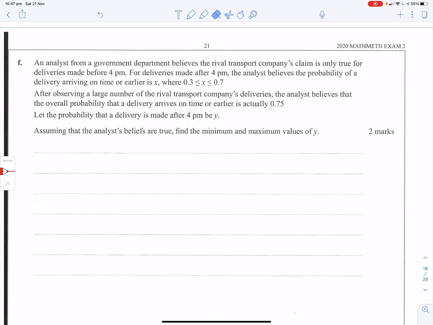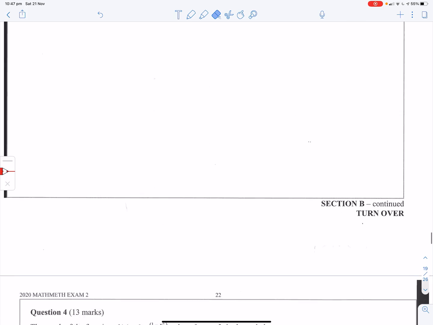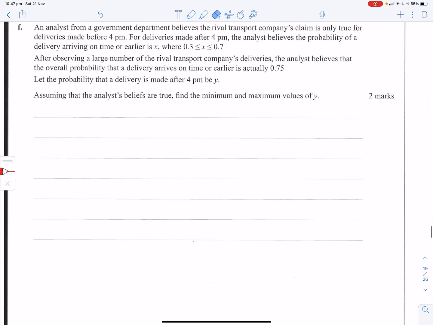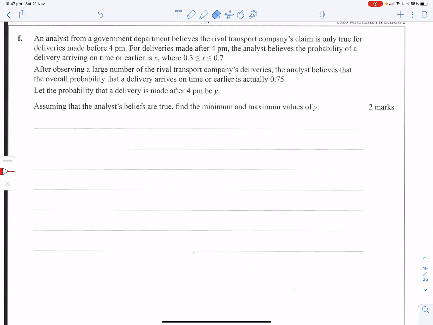Okay. I heard the probability was hard, but maybe this is it. An analyst from a government department believes that the rival transport company's claim is only true for deliveries made before 4 p.m. For deliveries made after 4 p.m., the probability of a delivery arriving on time or earlier is x, and x is between 0.3 and 0.7. After observing a large number of the rival company's deliveries, the analyst believes that the probability that a delivery arrives on time or earlier is actually 0.75.